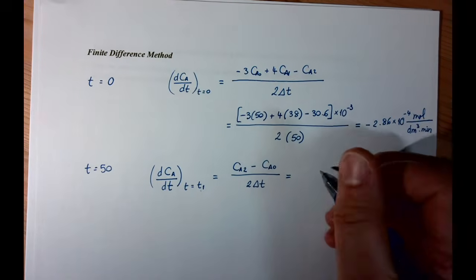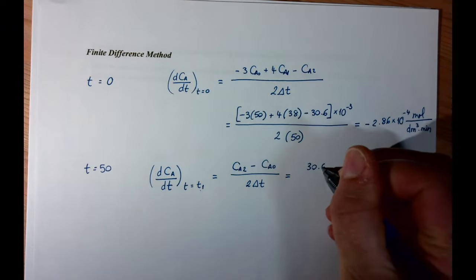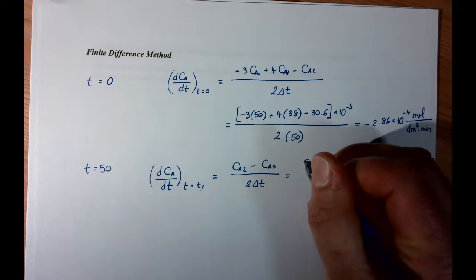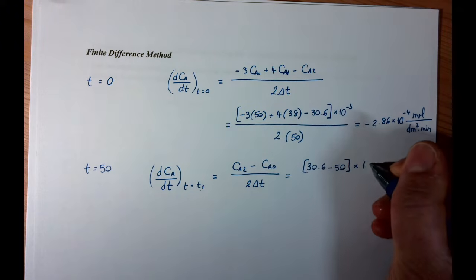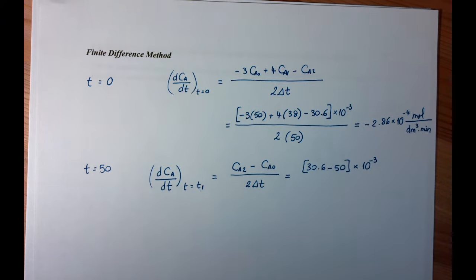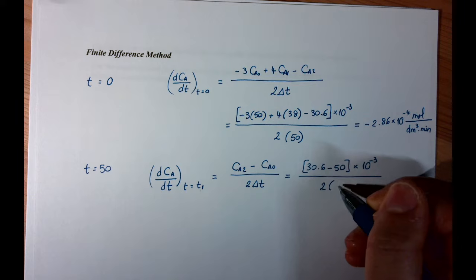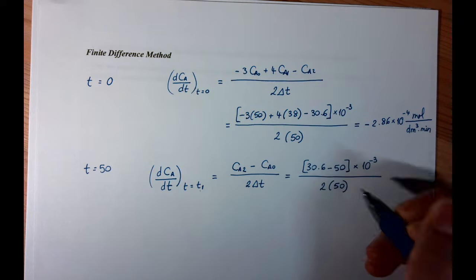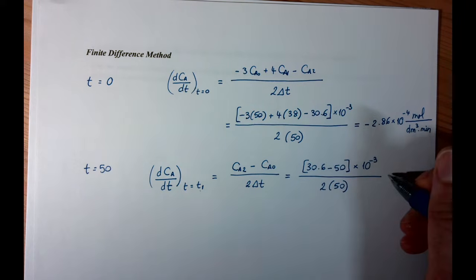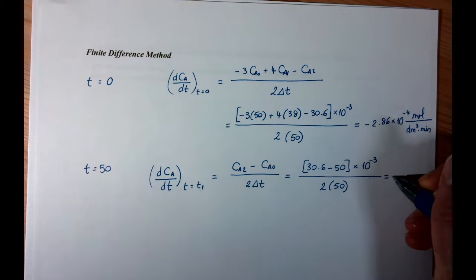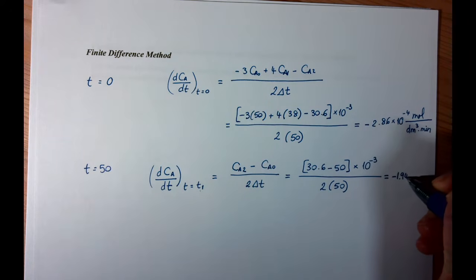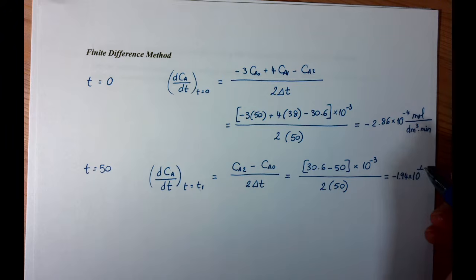So 30.6 minus 50, both of them times 10 to the negative 3 moles per cubic decimeter, divided by 2 times 50. That's 100. So the number that you're going to get here is minus 1.94 times 10 to the negative 4 moles per cubic decimeter per minute.